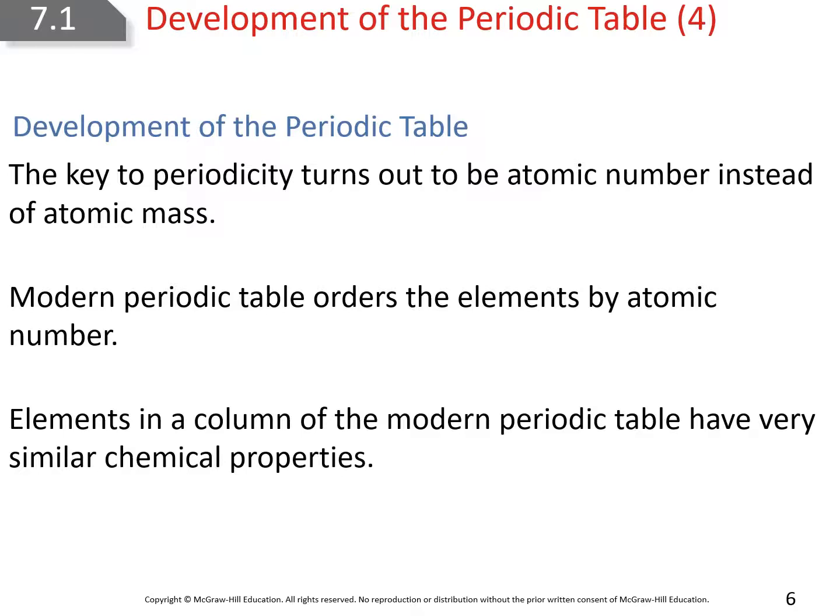So when we figure out periodicity, we've learned over time that it's the atomic number in order that needs to be considered. You'll notice that if you look on a periodic table, the elements are in order, 1, 2, 3, 4, 5, 6, 7, all the way through 118 and then some.